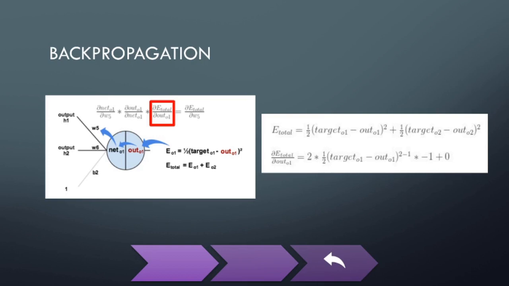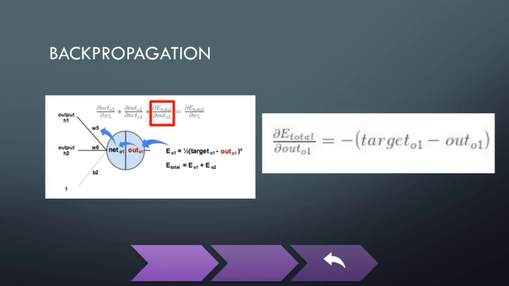Here we're using the half because it will simplify the math. If we take the partial derivative of E total over here, we're going to have the equation at the bottom where only the first half of the addition is non-zero. If we simplify the formula, we get this, which can be rewritten as out_O1 minus the target_O1. This is the equation for that part of the gradient.